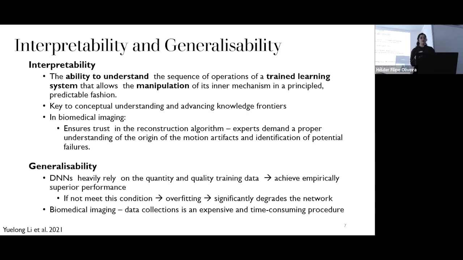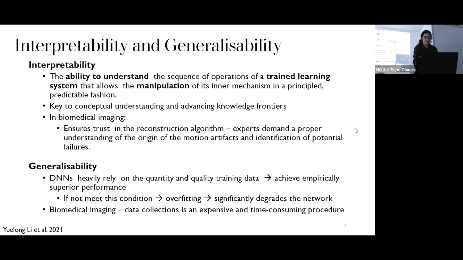It is key to understand concepts and also to advance the knowledge frontiers. It's also very important nowadays in biomedical imaging because we want to ensure trust in how the reconstruction algorithm is working, and clinicians are demanding proper understanding of the complex pattern of motion artifacts, in order to predict potential failures in the model.